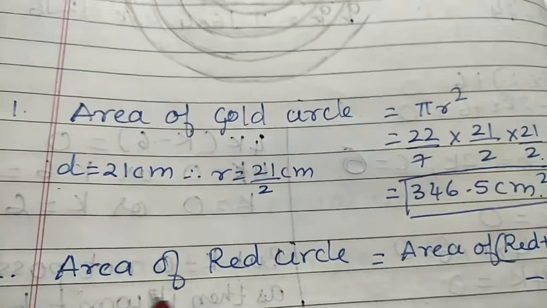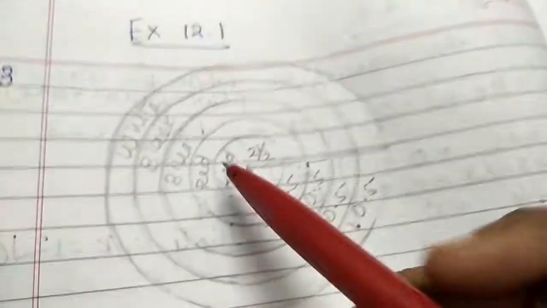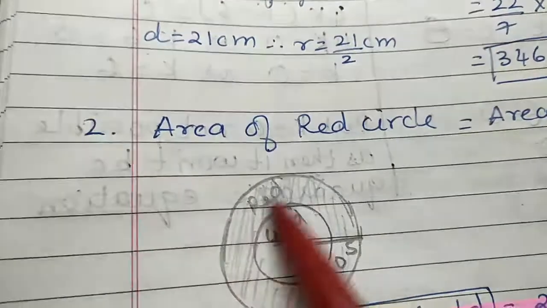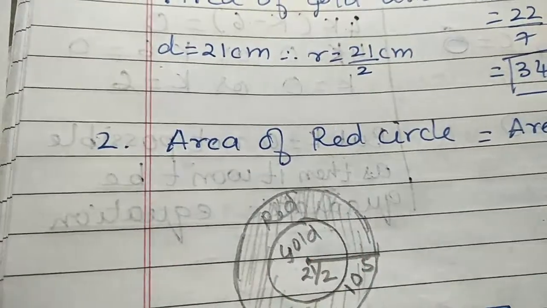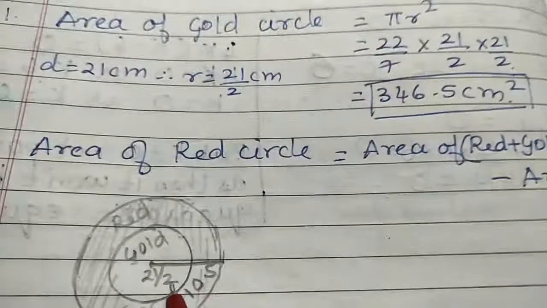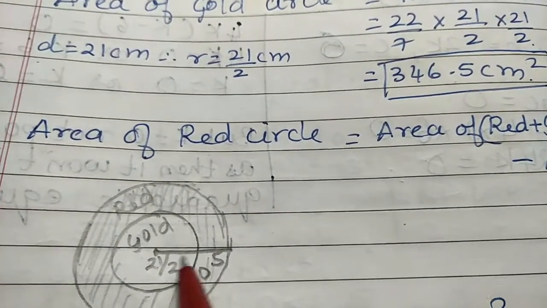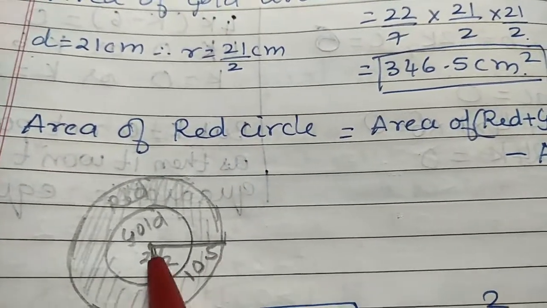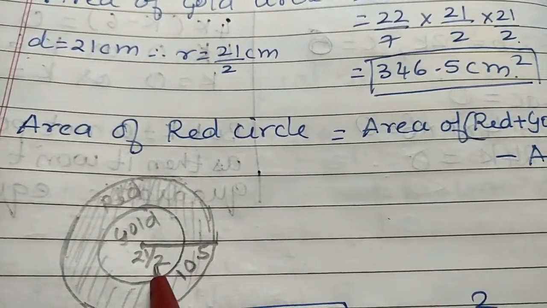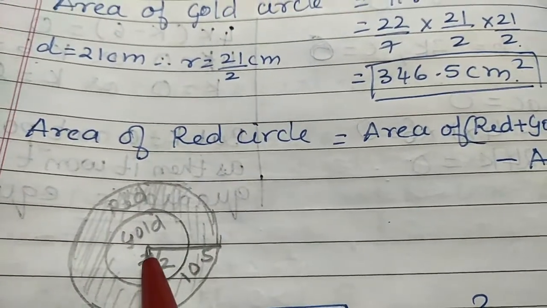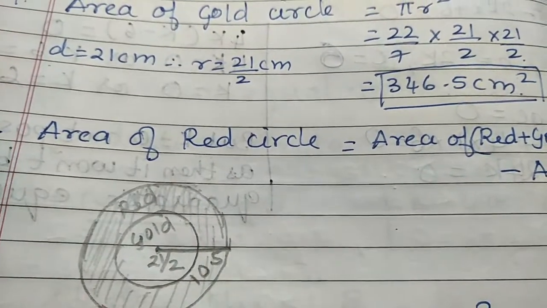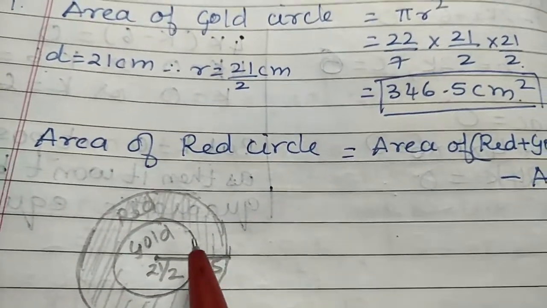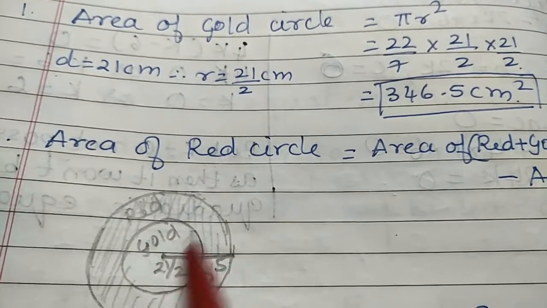Now we go for the area of the red circle. Now area of the red circle means what? Only this much area, this area we want. For that we have this diameter, from here to here, which is 21 upon 2 plus 10.5 as the radius of this big circle. We already have the area of gold.